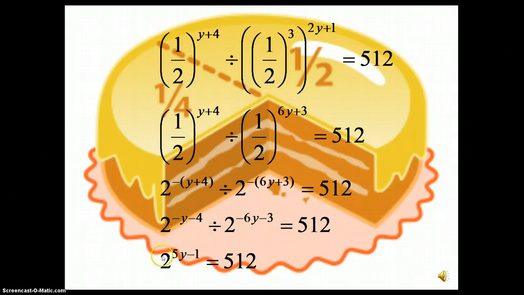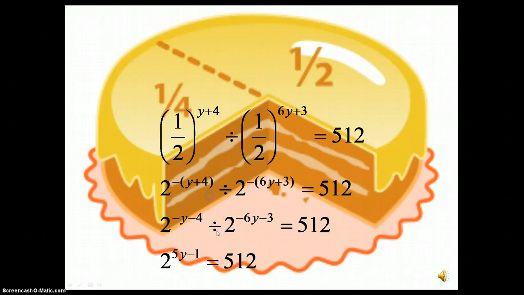So we're left with 2 to the power of -y minus -6y, which is plus 5y, and -4 minus -3, which is -4 plus 3, so minus 1. So we've got 2^(5y-1) equals 512.